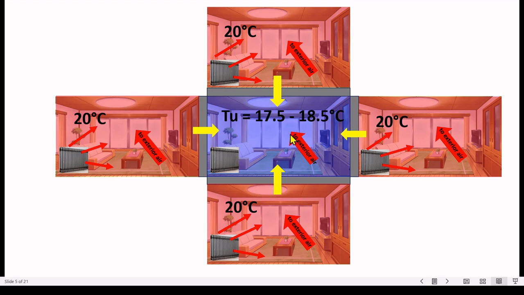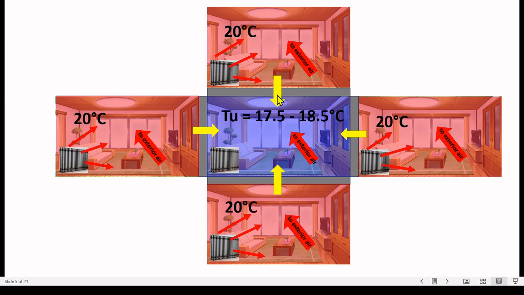But the flow to the exterior air depends on the difference of temperature between the apartment and the exterior air, and because the temperature of the unheated apartment is not very different from that of a heated apartment, this flow we can approximate to be the flow of a heated apartment.